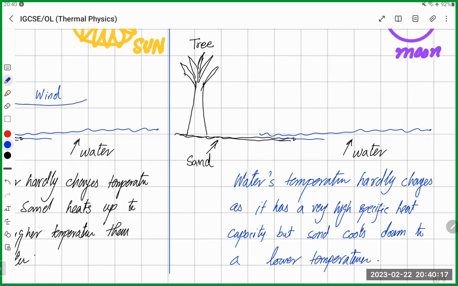When I'm not saying low temperature, I'm saying lower temperature. I'm comparing its temperature to the water's temperature.